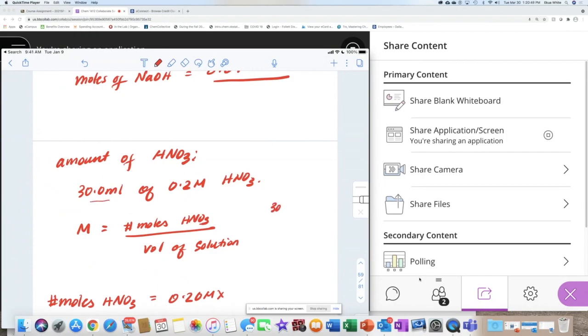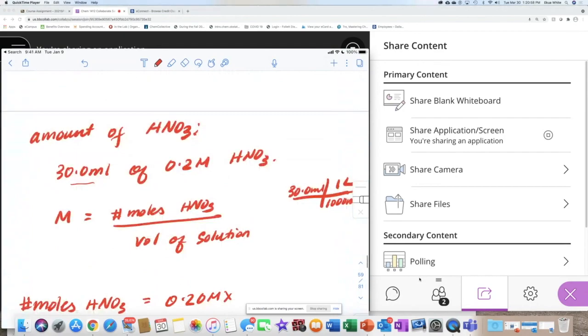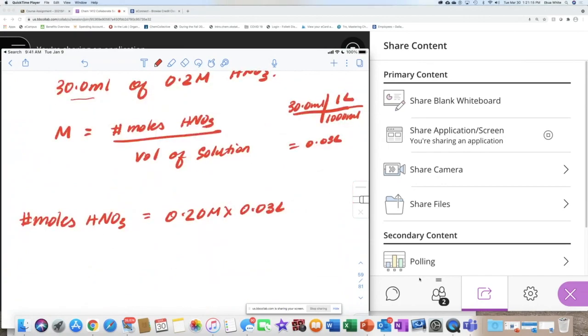I almost forgot, 30.0 milliliters. Can't forget because the units won't work out. This is 1,000 milliliters down here, then I have 1 liter up here. So I have 30 times 1 divided by 1,000, which is 0.03 liters. So when I multiply these two times 0.2, it's supposed to be 0.2.